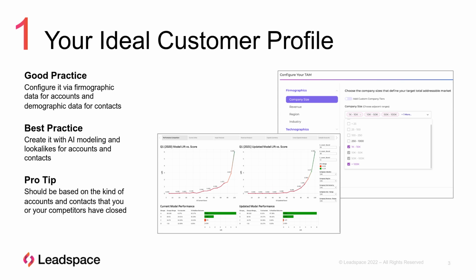Many people look at the deals that they've done over the last couple of years and apply firmographics to those deals: is it by company size, by industry, by geography, or that sort of thing. And it's not an easy thing to do, frankly. So that's one way to do it. It's a good practice. It's better than just not doing it, right?